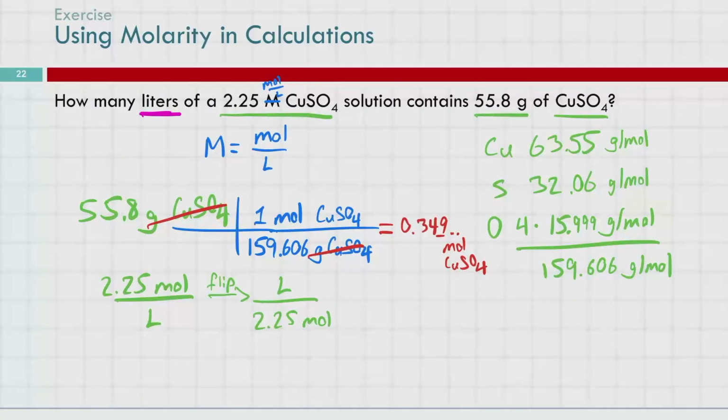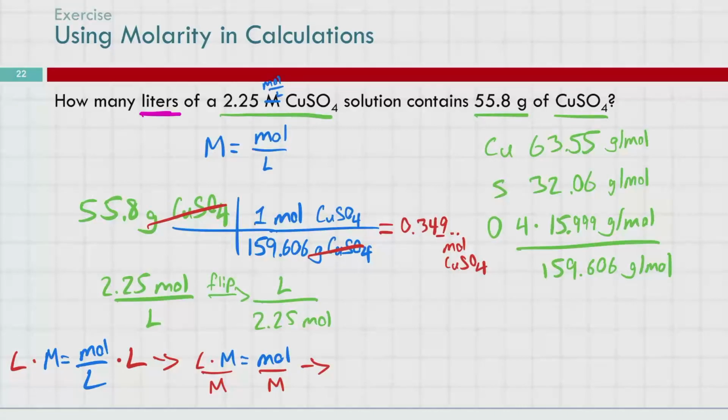if we're solving for liters from molarity equals moles over liters, if we multiply both sides by liters, this turns into liters times molarity equals moles. We divide both sides then by molarity.